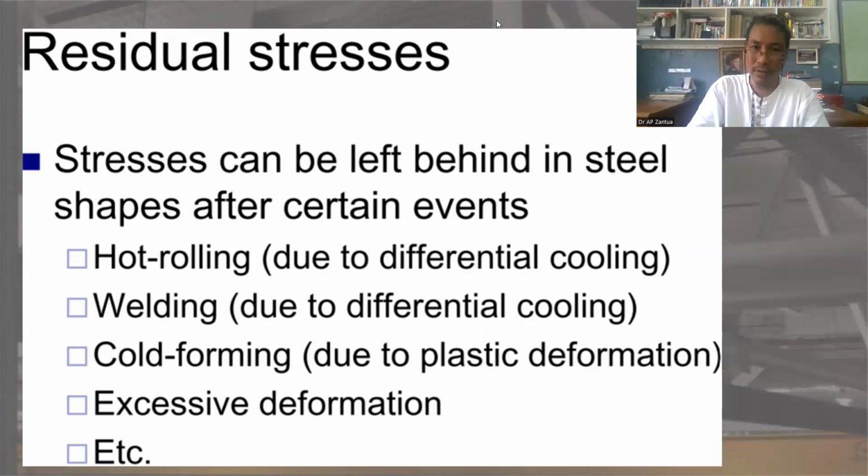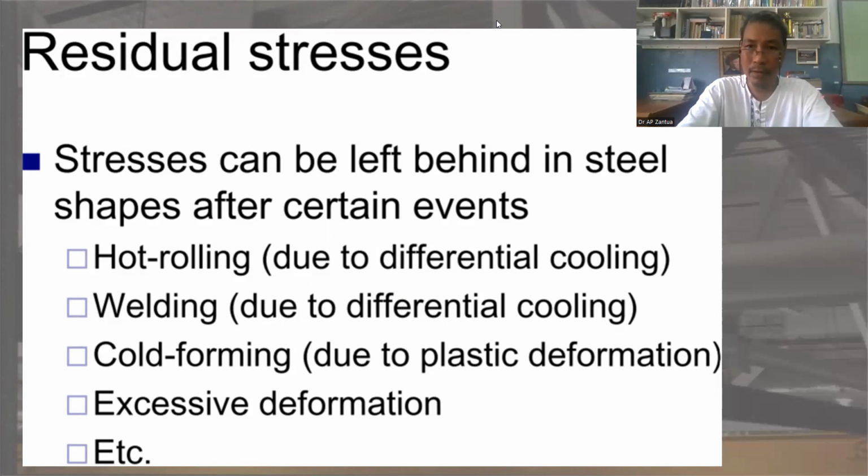For example, hot rolling: due to differential cooling, because you apply high temperature and then there is a difference in temperature after cooling, there is some likelihood that stresses will be retained inside the material.